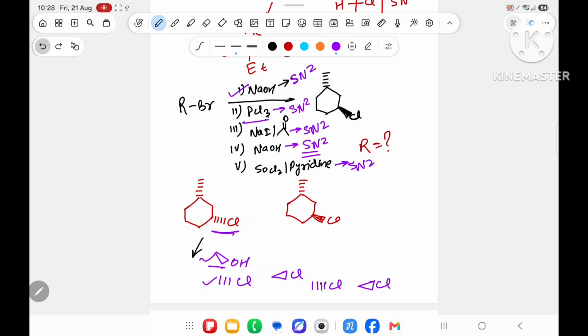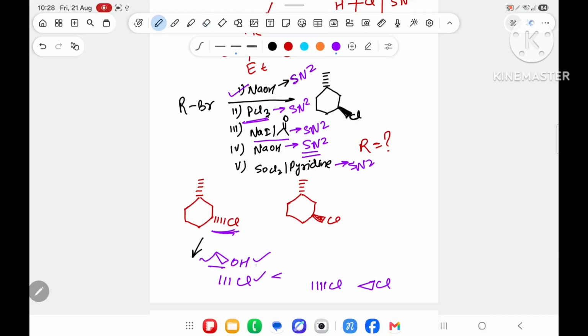Again, see, don't get confused. Again all will do SN2. The first reagent NaOH: OH will come with SN2, so dash will convert to base. Then again PCl3 will give Cl but with SN2, so base will convert to dash. Okay sir. NaI, I over here, not Cl. By mistake I have written Cl over here.